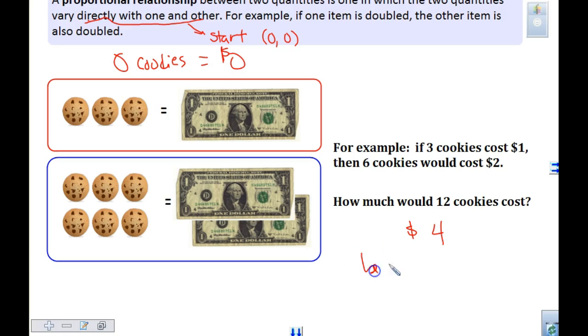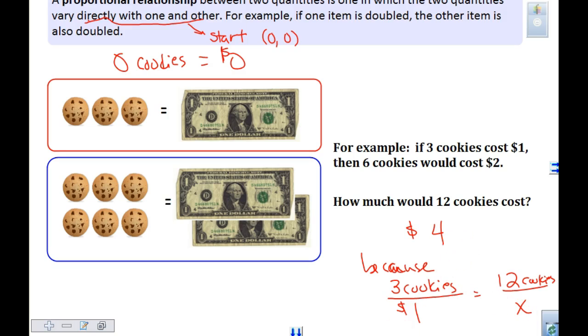And really, this is how you're thinking of this. If you remember last year, you set up these fractions: 3 cookies to $1 is equal to 12 cookies over, and if we don't know how many dollars, that's our X. This is what we're trying to find.